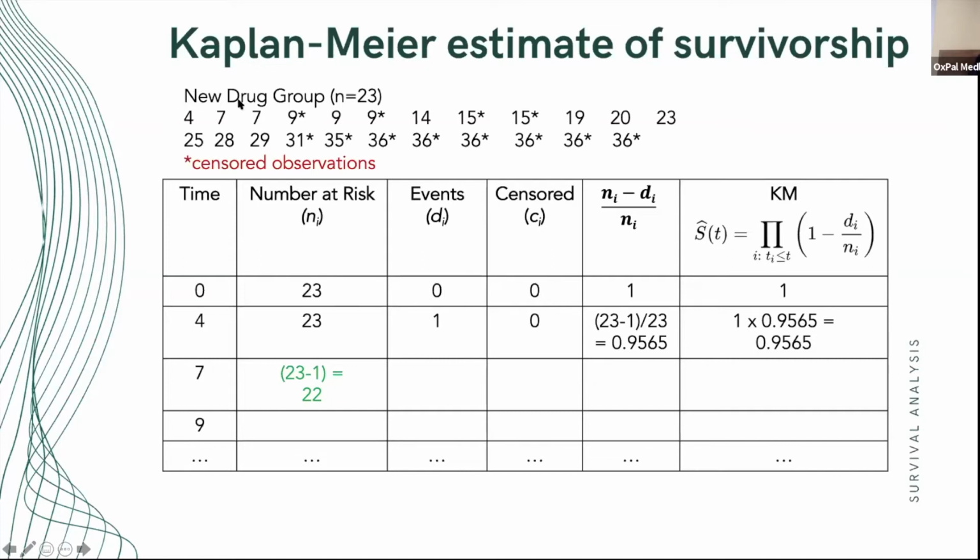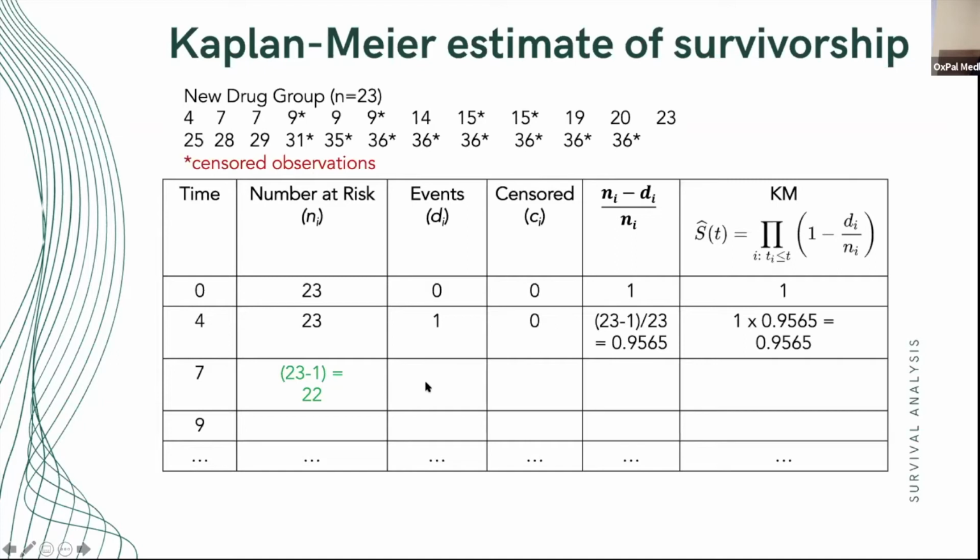When we go to the next observation period, which is month 7, the number of participants at risk in this group is smaller now because one patient already died, right? So you subtract this 1 from the number at risk. So 23 minus 1 is 22. And then during that month, how many events happened?